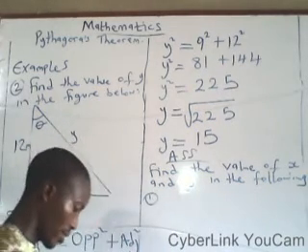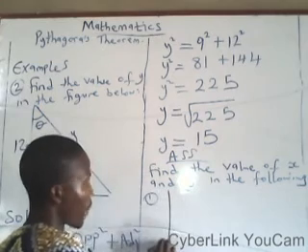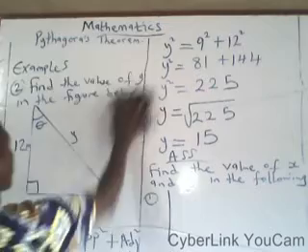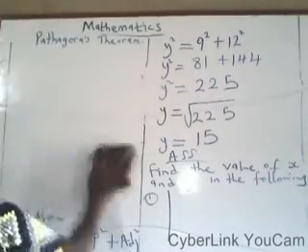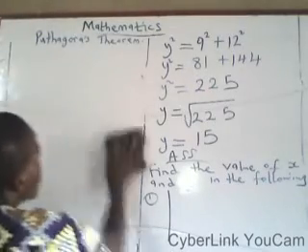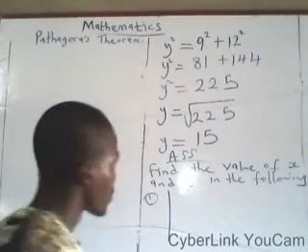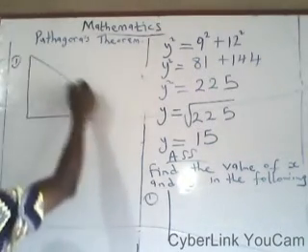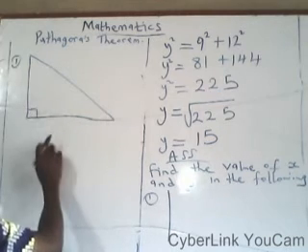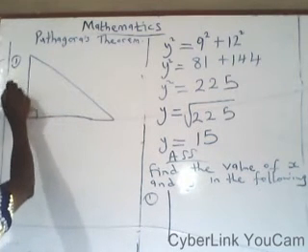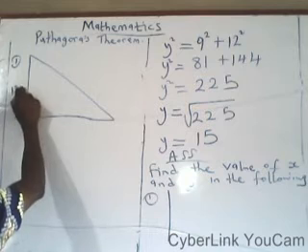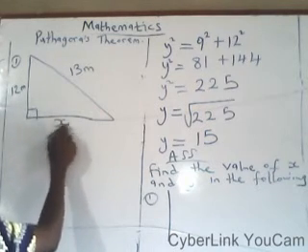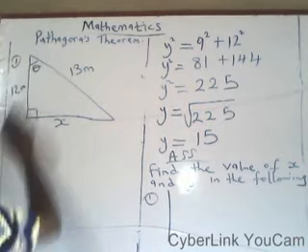1. You have this triangle, right angle triangle, or let me put it at the top here. You have this place to be 12 meter and this is 13 meter. You have to find x. Your theta is here.